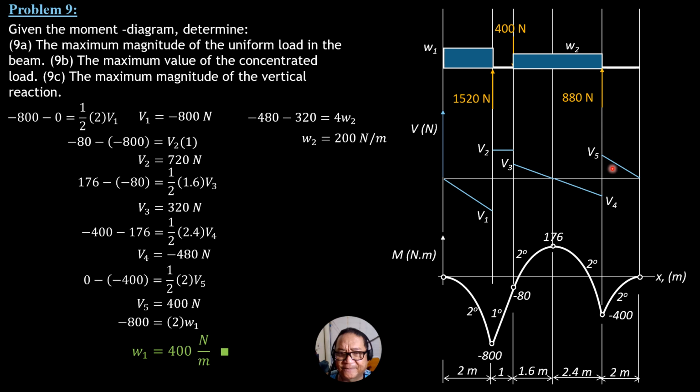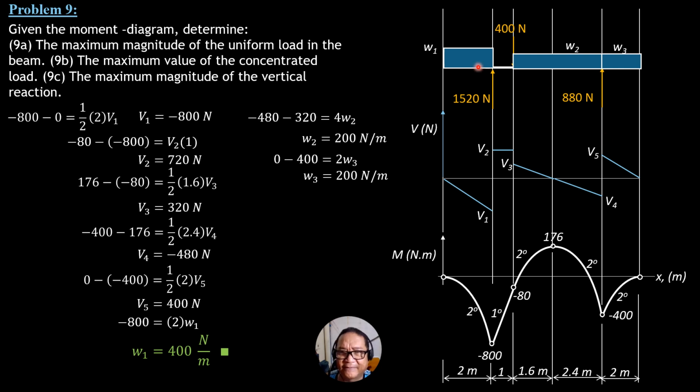Then finally, we have another uniform load, because this is first degree, and the change in ordinate, 0 minus V5, equals 2 times W3. So again, 0 minus V5, change in shear, equals area above, which is 2 times W3. So 0 minus 400 equals 2 times W3. W3 is also 200 newtons per meter. So that means this loading is just extended as shown in the figure.